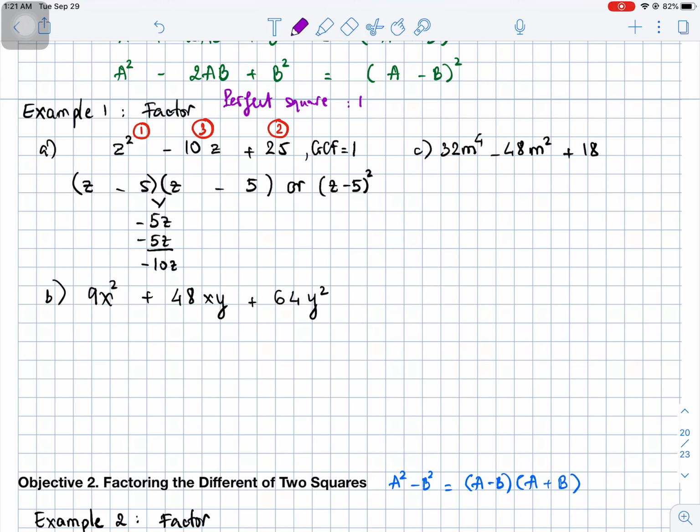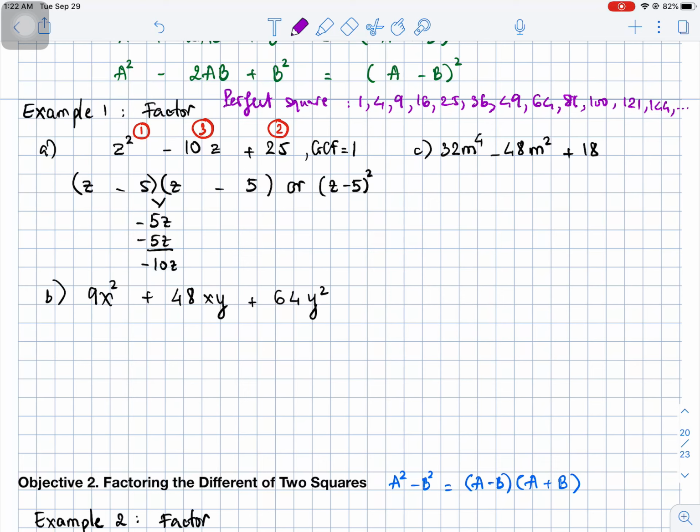So let me give you examples of perfect square numbers. 1 squared is 1, 2 squared is 4, 3 squared is 9, 4 squared is 16, 5 squared is 25, and then 36, 49, 64, 81, 100, 121, 144, and so on.